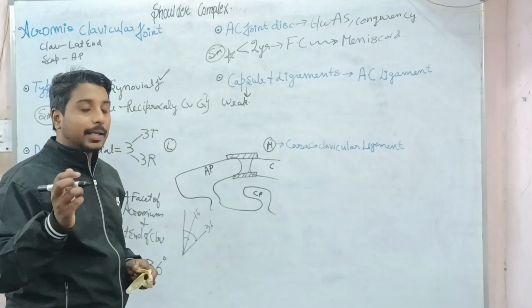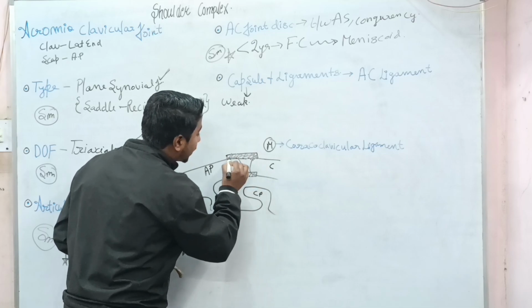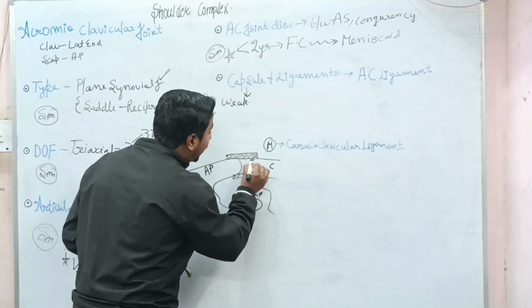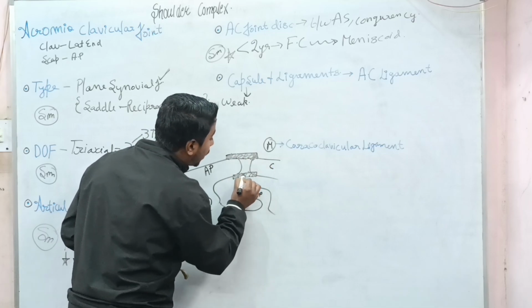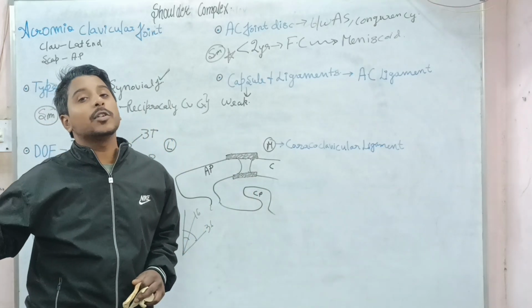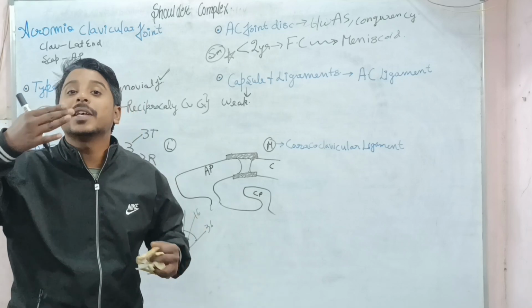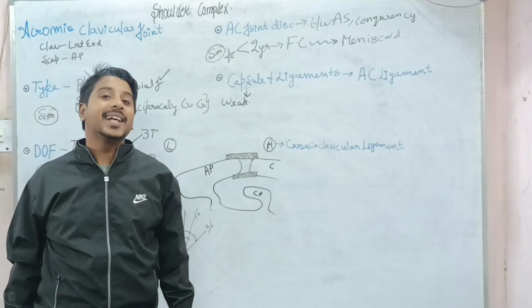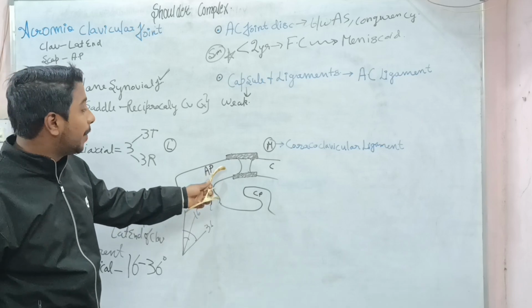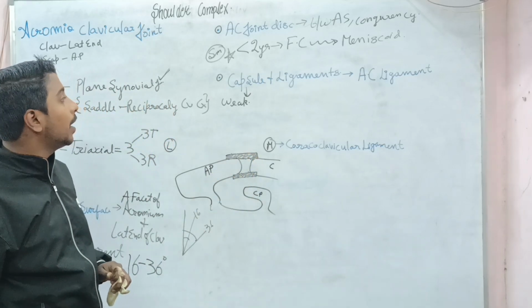You can see the real diagrams in the book. One is present at the superior and one at the inferior part. In the sternoclavicular joint, was there a sternoclavicular ligament? Yes, definitely, but it was an anterior and posterior sternoclavicular ligament, but here it is the superior and inferior acromioclavicular ligament.